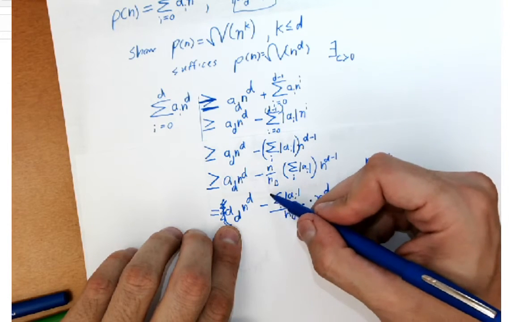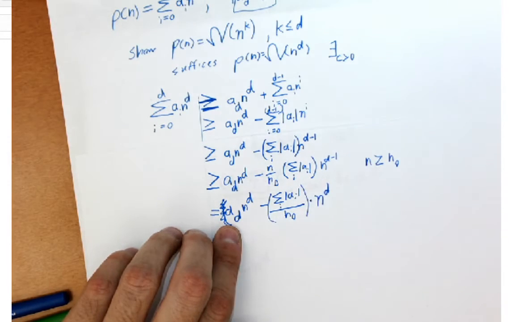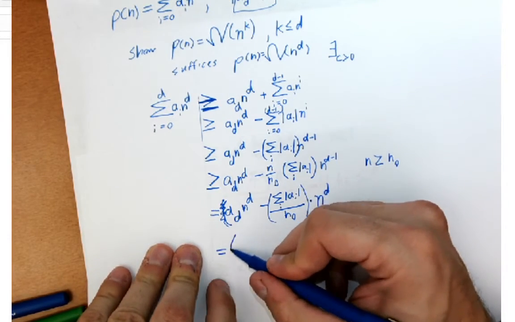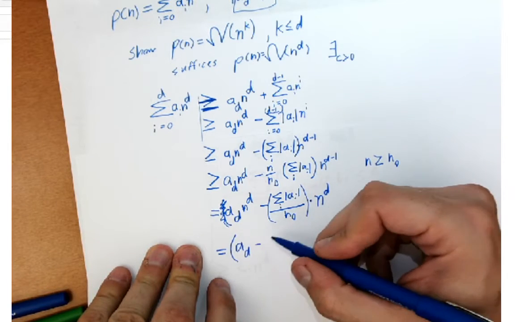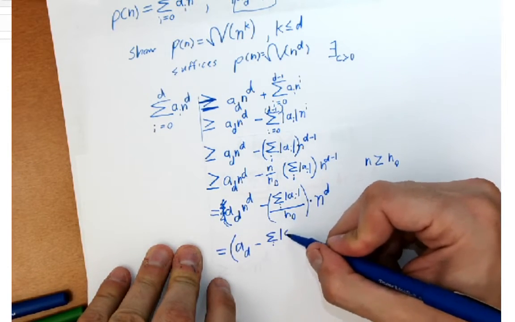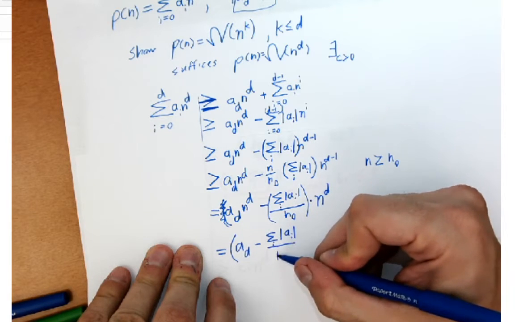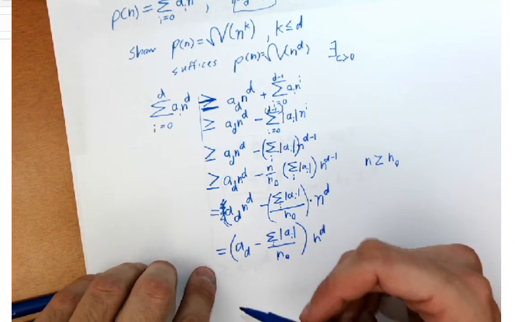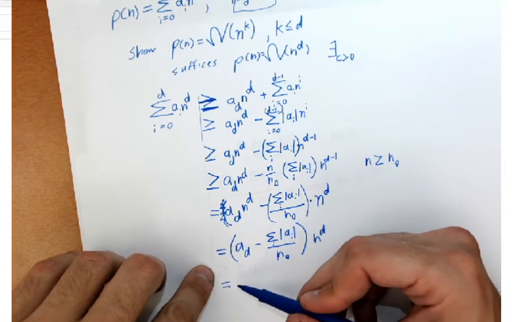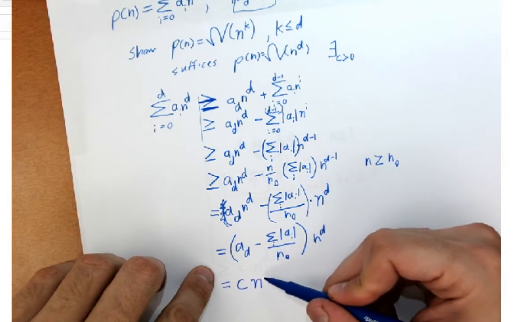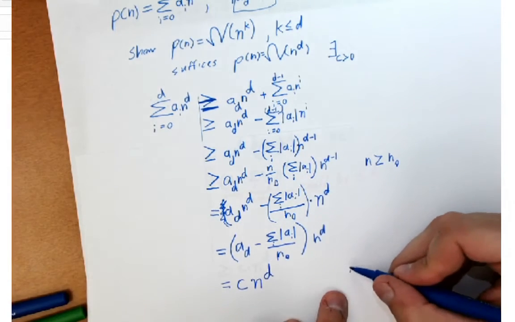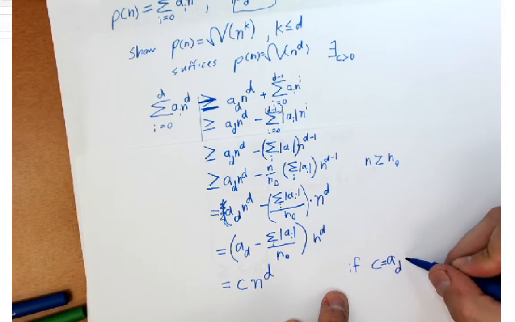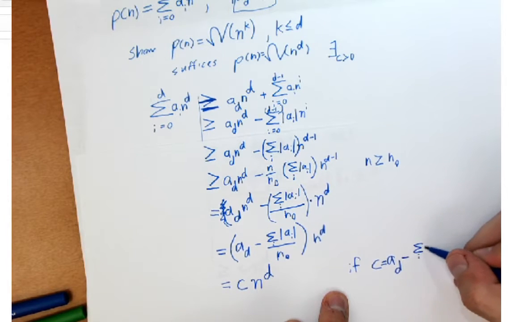So now I've got this as sort of my constant. And this is equal to, if I factor out the n to the d's, a sub d minus that sum over i of a sub i divided by this, whatever I pick for n naught, times n to the d, and that is equal to c times n to the d if c is equal to a sub d minus that summation.